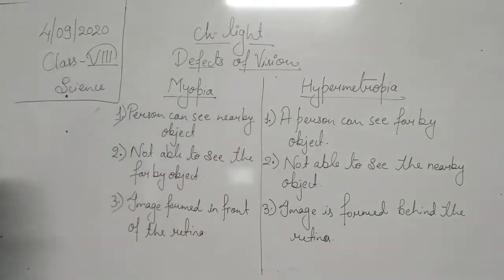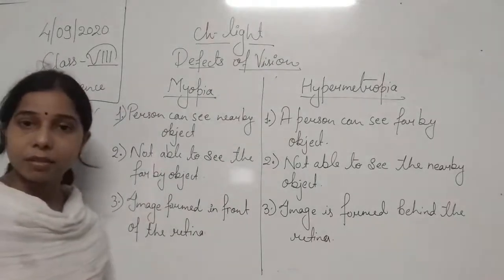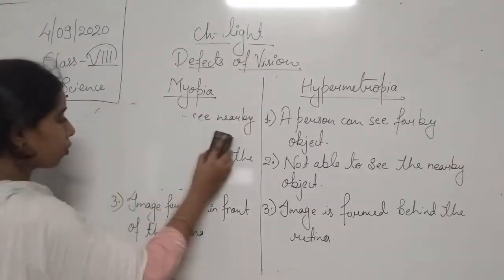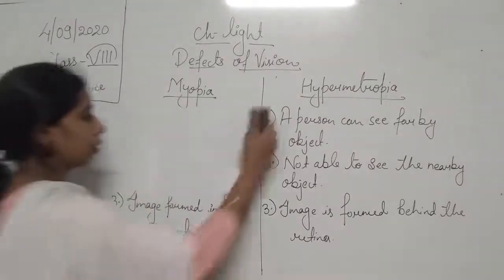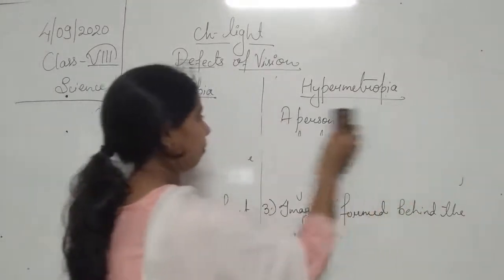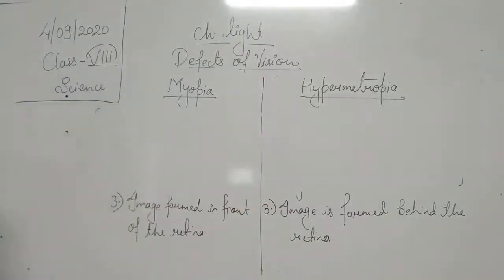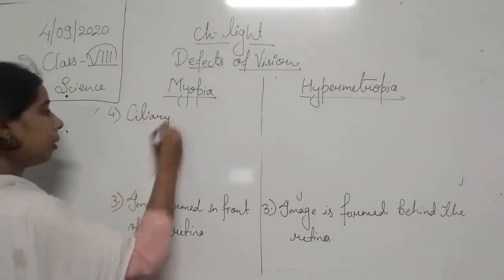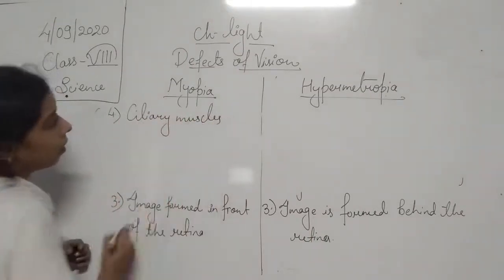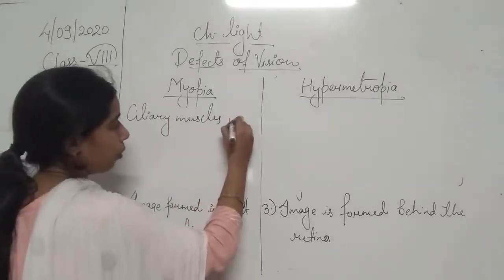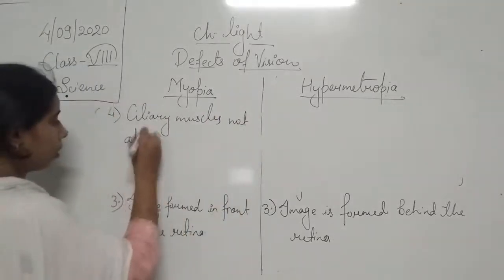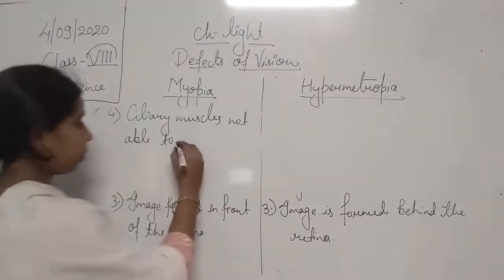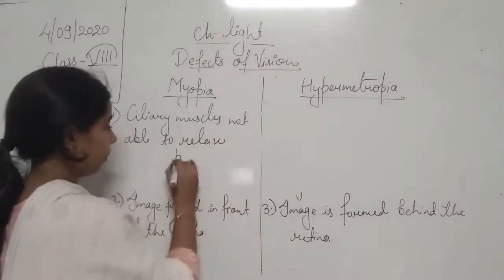Now if we talk about the ciliary muscle, students, let me rub the two portions. So we can see here, students, the fourth one, ciliary muscles. Ciliary muscle is not able to relax properly.